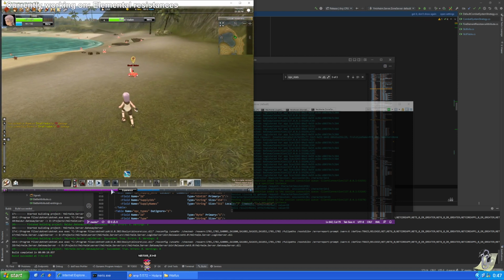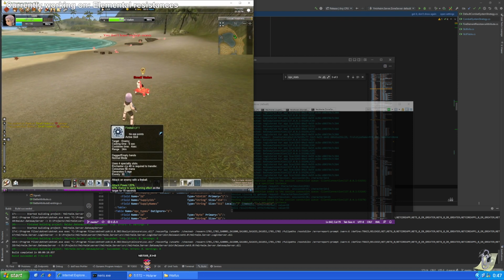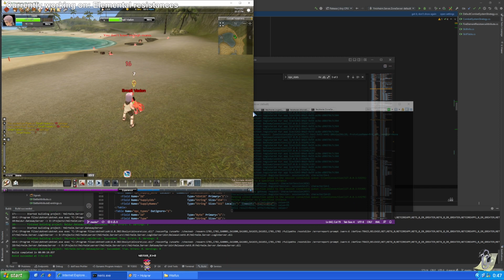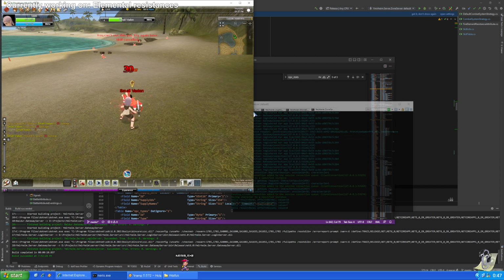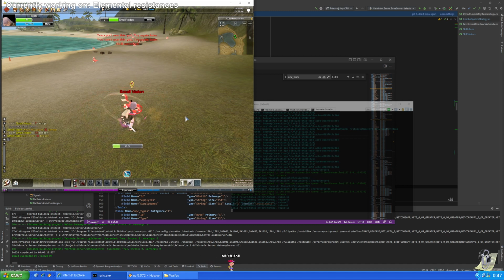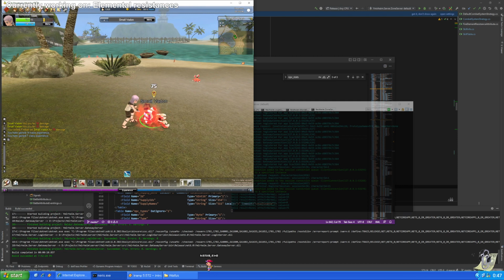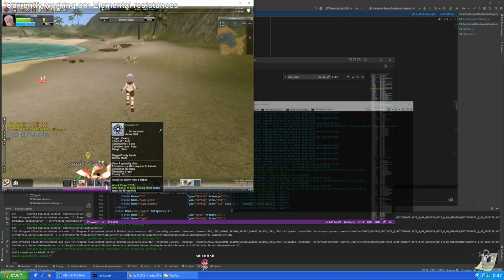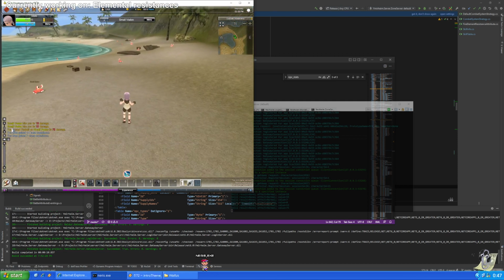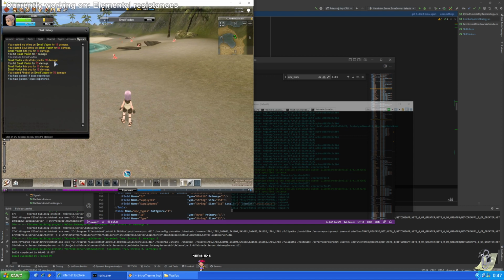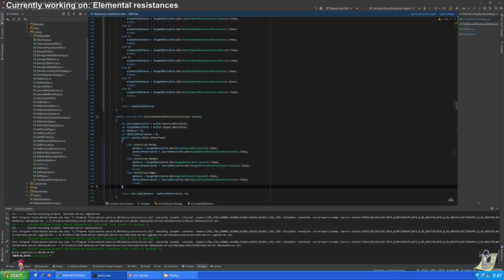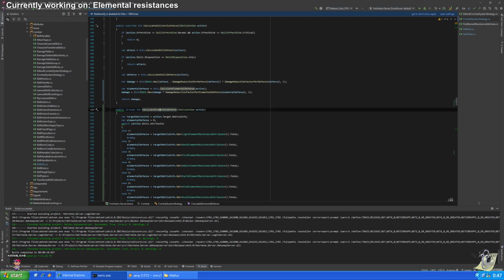If I attack him with Fire, oh my god, I don't have mana. 75. So let me check. Soul Strike was 55. I need to debug this a little bit.